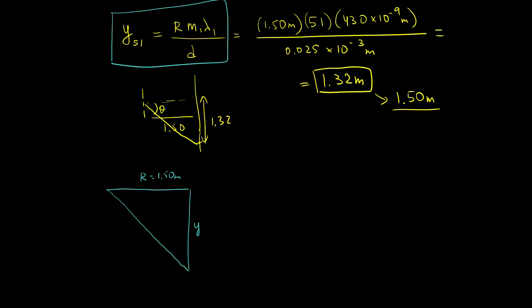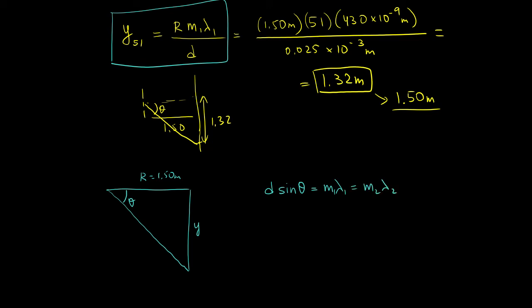And then this would be the angle theta, and for the bright fringe, we should use the original condition d sine theta equals m1 lambda 1, and that equals m2 lambda 2.